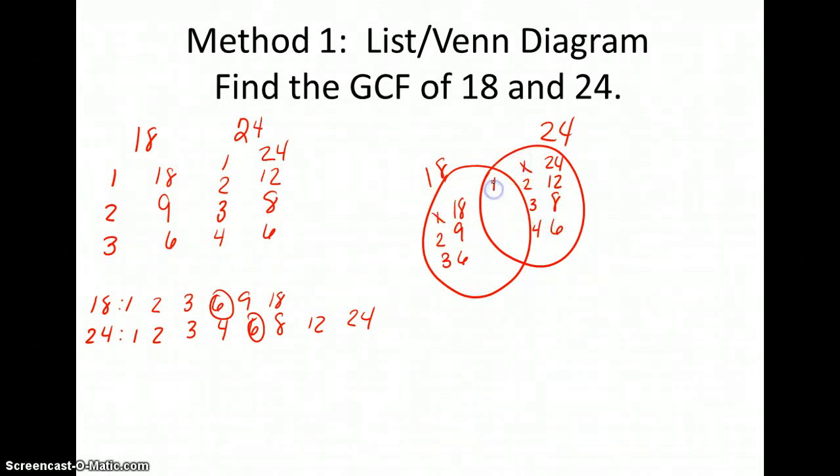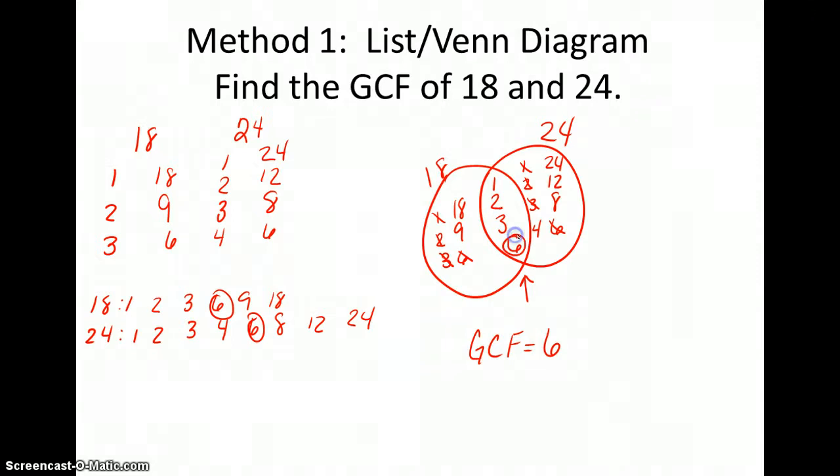Both lists have a 1, so I place it in the center of my Venn diagram. They both have a 2, so I place that in the center. They both have a 3, and they both have a 6. Once I've found all the common factors, I look at where my Venn diagram overlaps, and I see that the greatest common factor is 6.